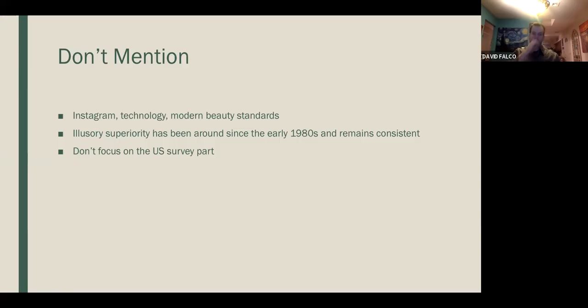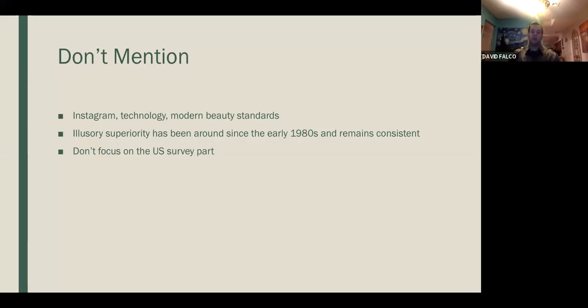So I wouldn't specifically focus on beauty, and even then, I wouldn't focus on anything related to things that have changed in the last few decades. For example, Instagram, technology, or modern beauty standards. This has been found since it was first being researched in the 80s, and it's generally assumed that this kind of effect was going on before the 80s.